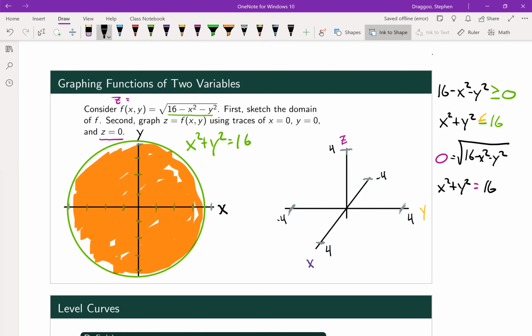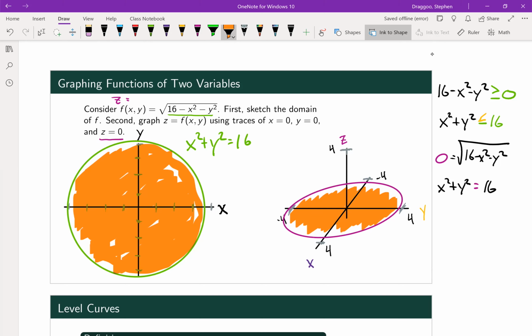So for that trace, that's going to be in the xy plane since z is equal to 0, and we just get the same circle that we looked at for the domain. Just there in that xy plane. So there's our circle of radius 4. We even shade our domain back in to give us an idea of where that thing is in space.